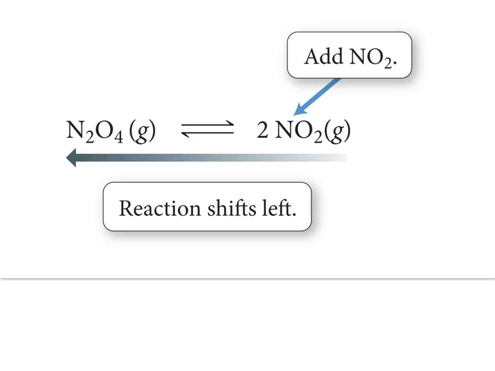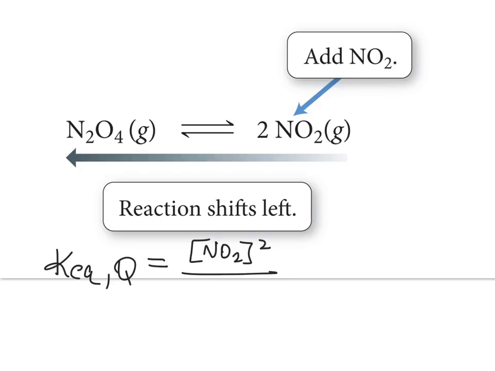All right, here is an example reaction where we have N2O4, dinitrogen tetroxide, going to 2 nitrogen dioxide. If we were writing an expression for KEQ or Q, if we're not sure if it's at equilibrium or not, it would be the concentration of nitrogen dioxide squared, because there are 2 moles, over the concentration of dinitrogen tetroxide. Right, looking at this reaction, we're told that in this case, more nitrogen dioxide has been added.